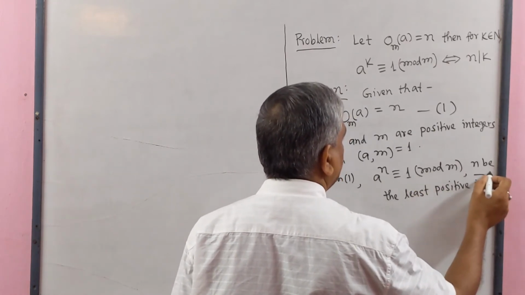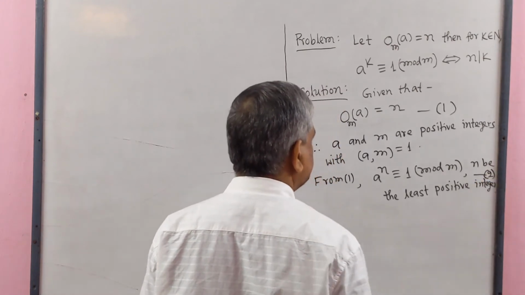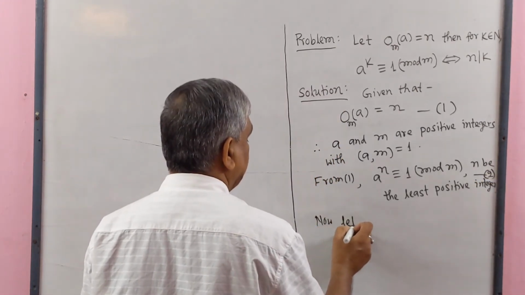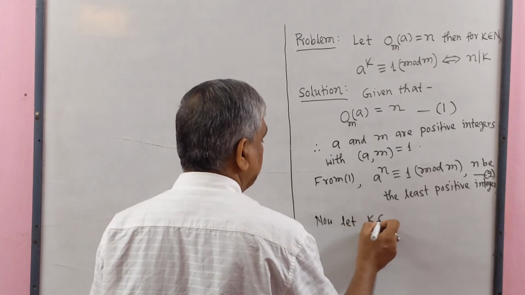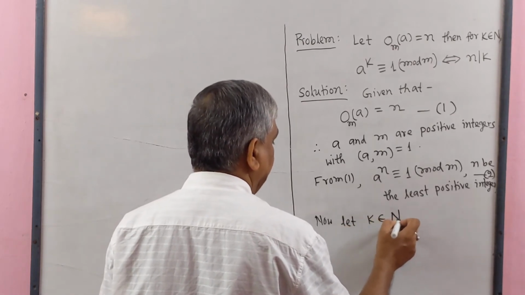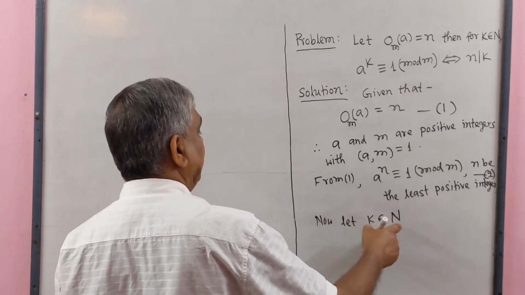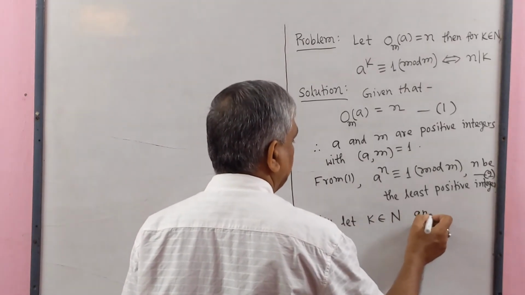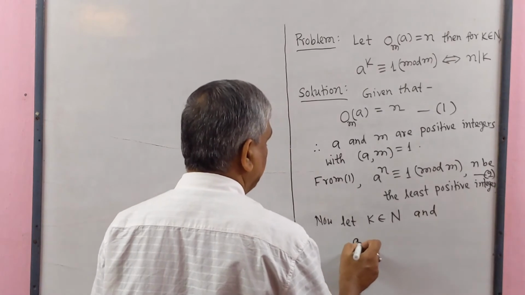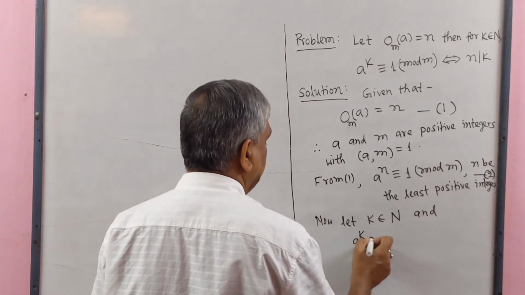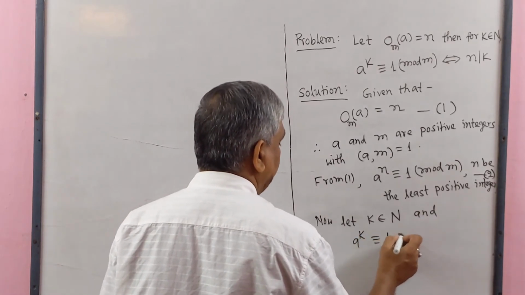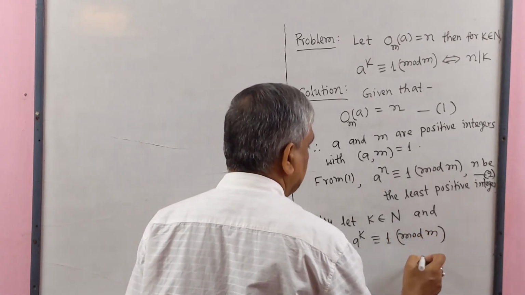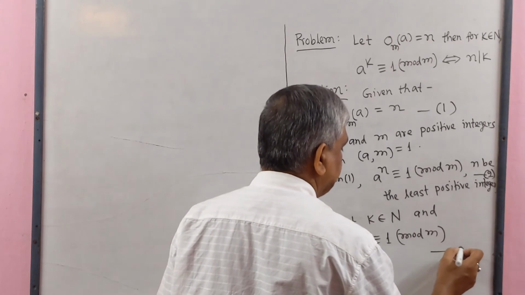Let this be number 2. Now let K belong to N, the set of natural numbers, and A to the power K is congruent to 1 modulo M. Let this be number 3.